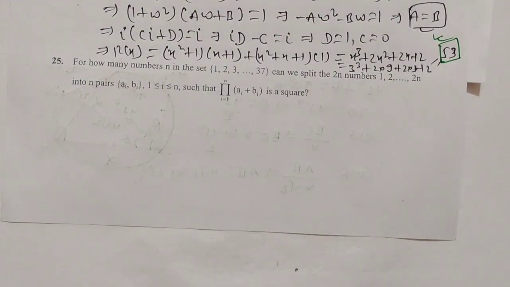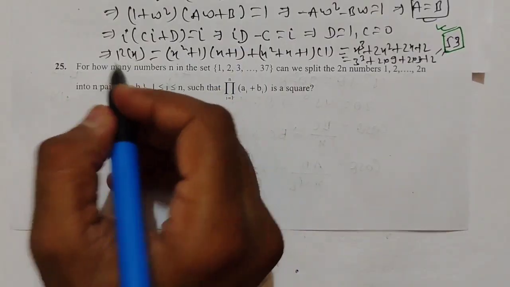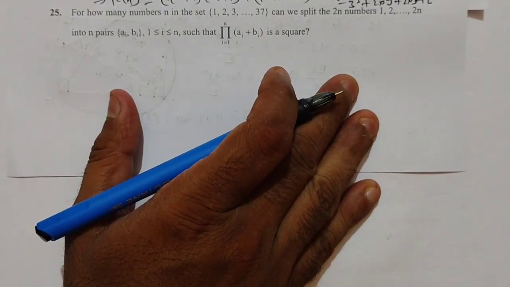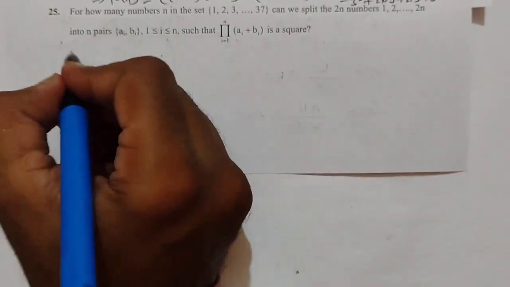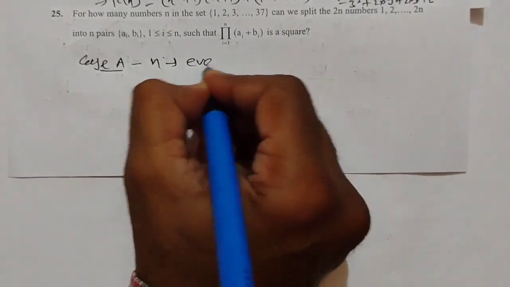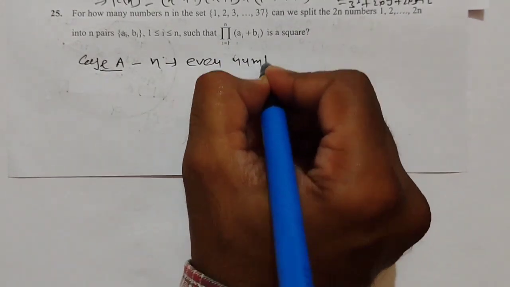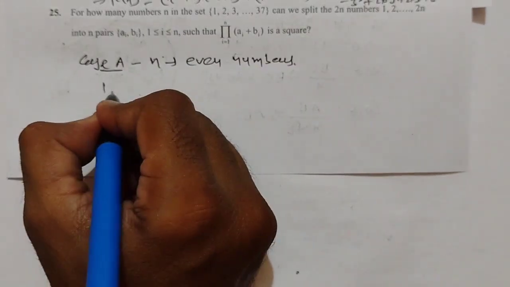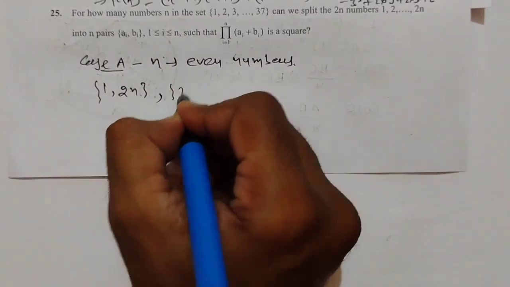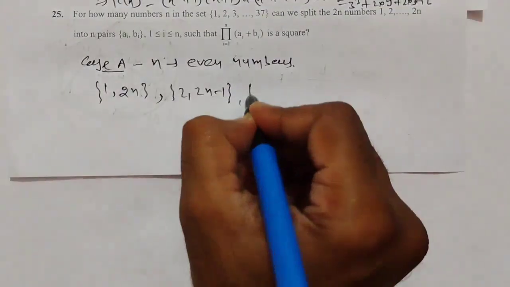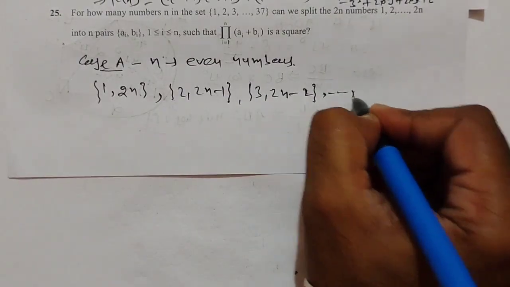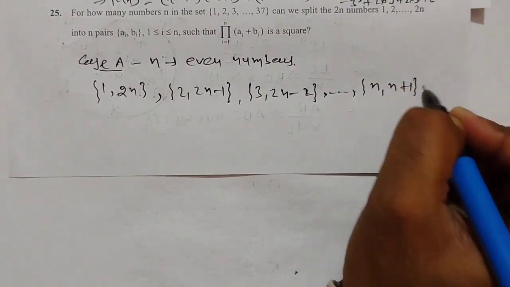So now if we use case A for n even numbers, we have the pairs 1 and 2n, 2 and 2n minus 1, 3 and 2n minus 2, up to n and n plus 1.